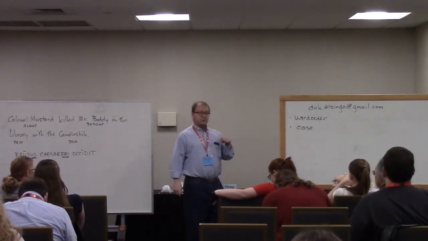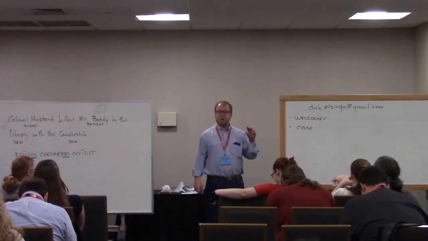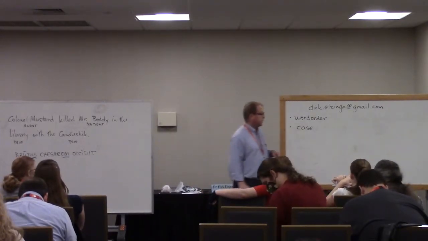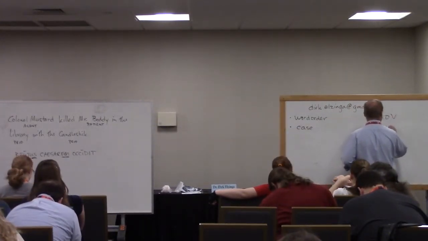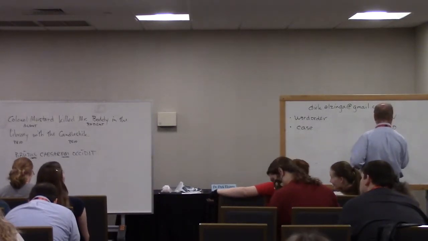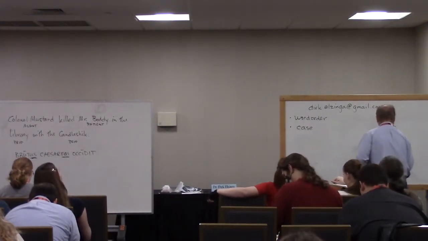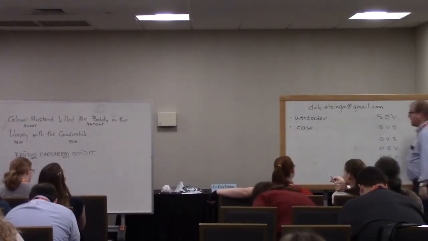if we think about subjects, objects, and verbs, there are 6 possible orders for those 3 elements of the sentence. Okay, these are them.